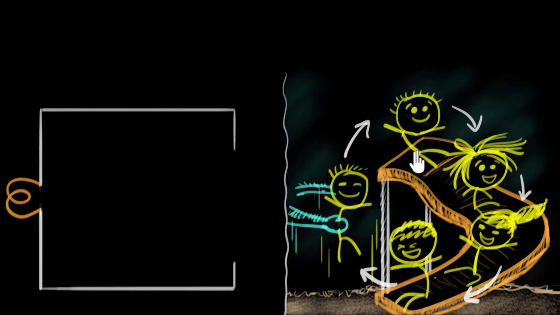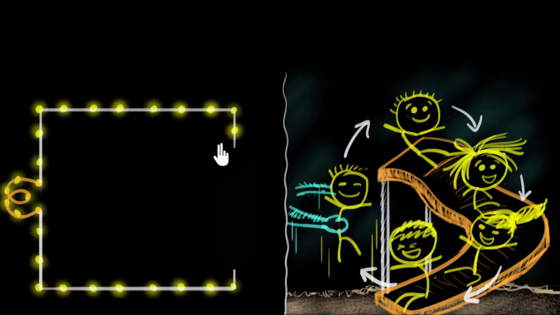If you look at the kids who are on the slide, what's making them move from here to here? I'm pretty sure you know the answer to this. It's gravity. Gravity is the one that's pushing them down the slide. In a similar manner, there are charges present everywhere in the wire already.